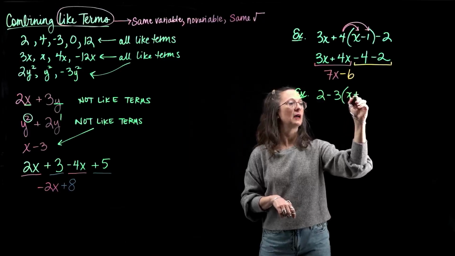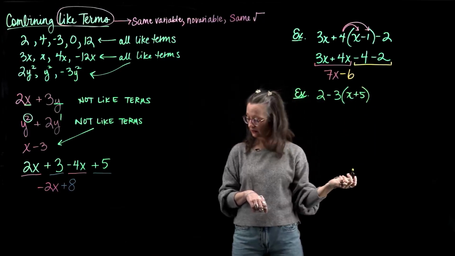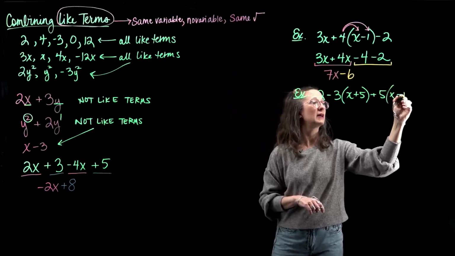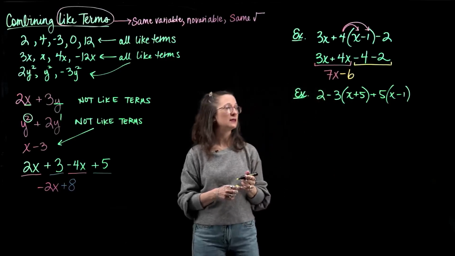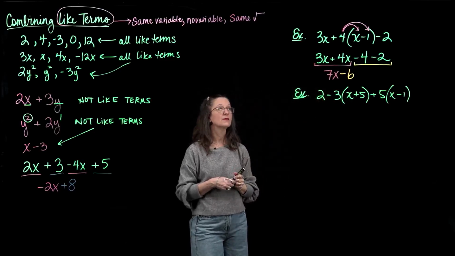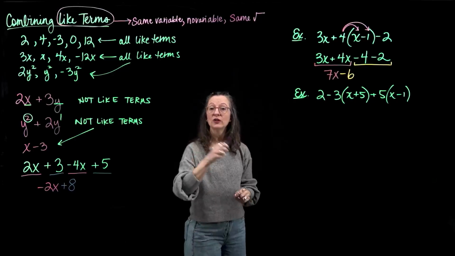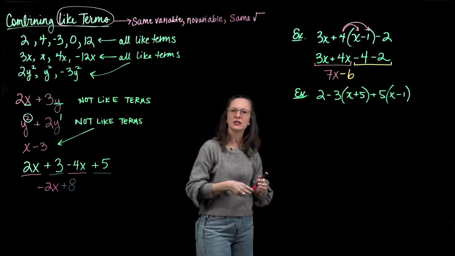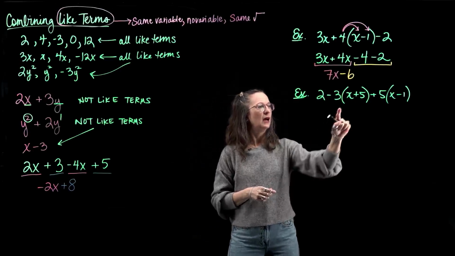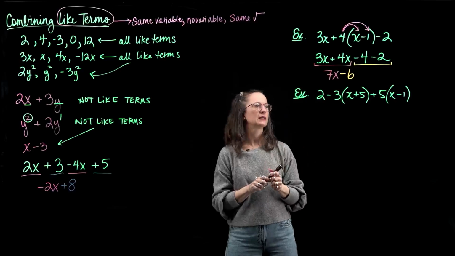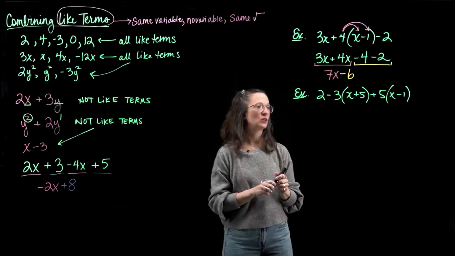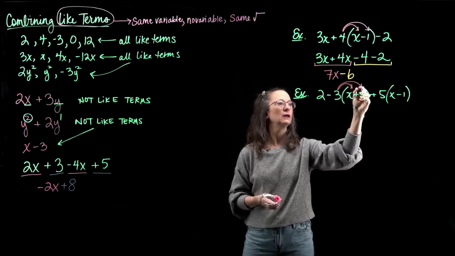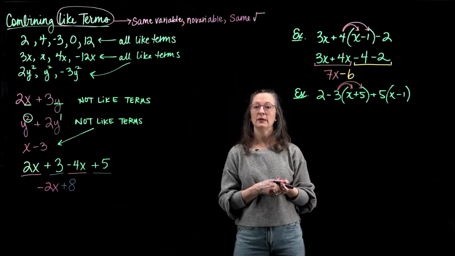times x plus 5 in parentheses plus 5 times x minus 1, also in parentheses. All right, order of operations again says check out those parentheses, see if there's anything you can combine. I can't because x and 5 are not like terms, so I'm going to distribute that negative 3 to both things in the parentheses.